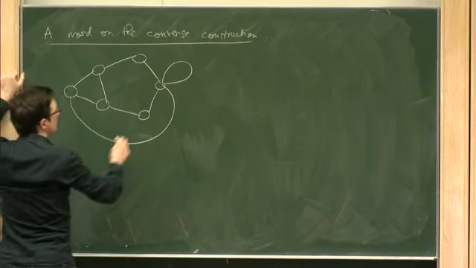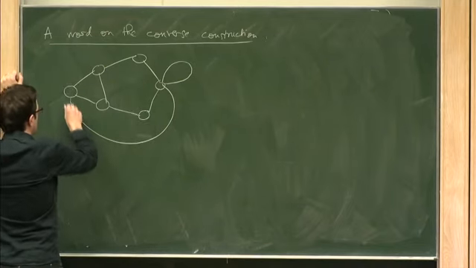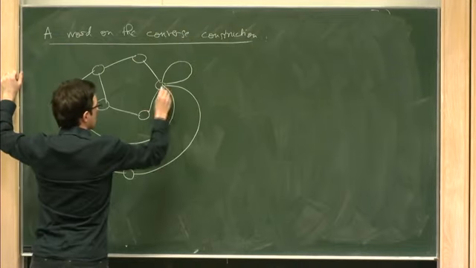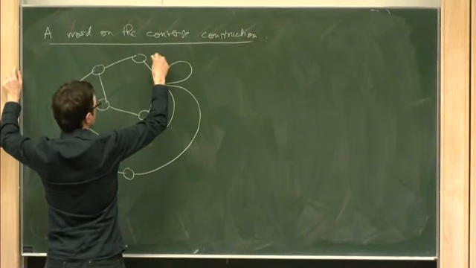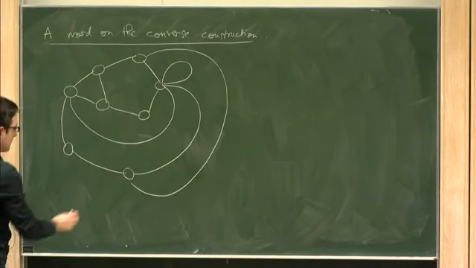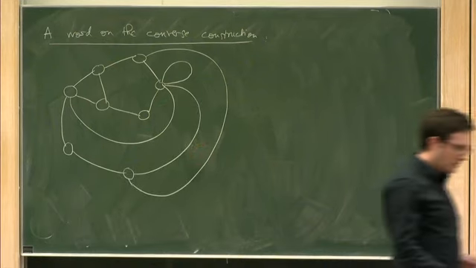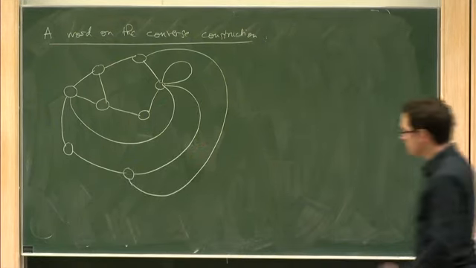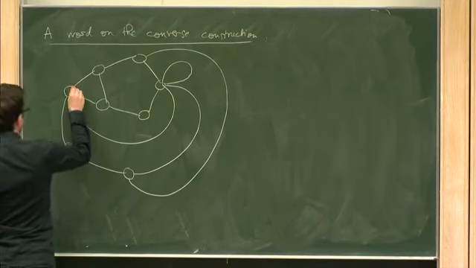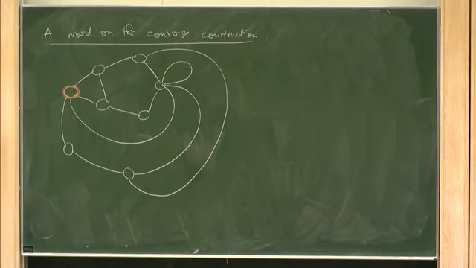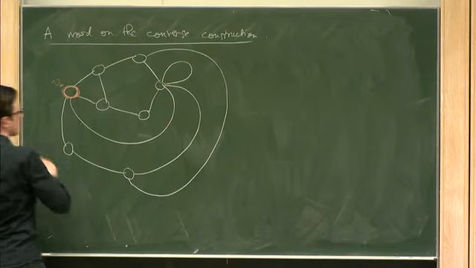Let me add a couple of faces, something like that. Remember, I want to start from a map which is pointed, and what I want to get is a tree. So I point the map at a given vertex. This is v star, and this is a pointed map.